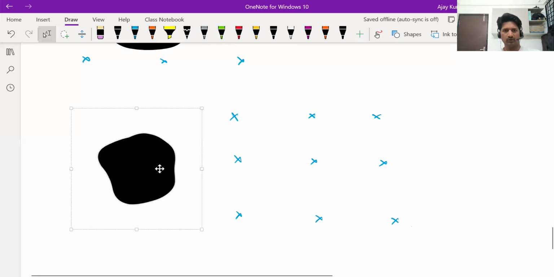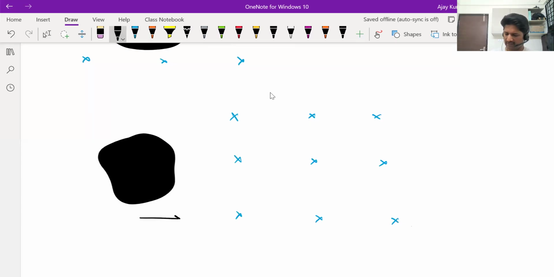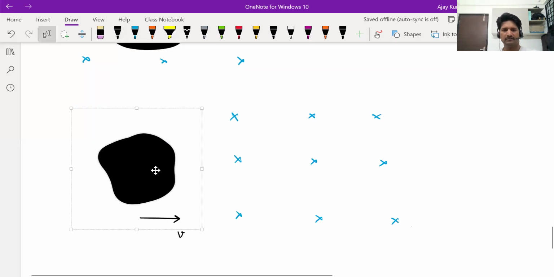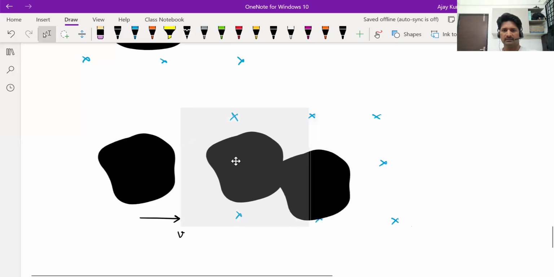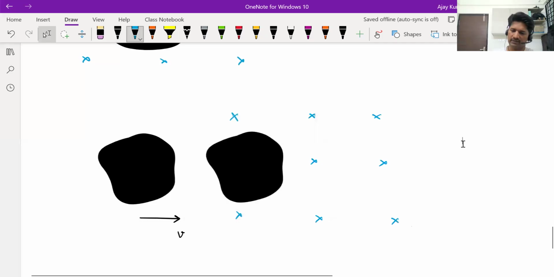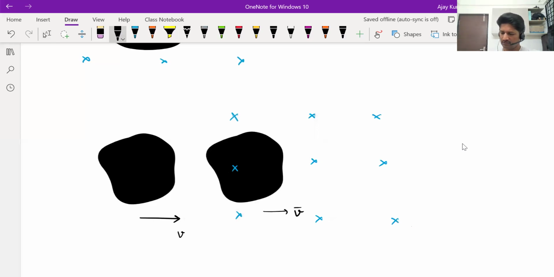This plate is initially out of the magnetic field. When it is out of the magnetic field, there's no flux, there is no motional EMF, nothing. Make this plate move through the magnetic field now. As it enters the magnetic field, clearly it's a case of a conductor moving inside a magnetic field. Velocity is to the right, magnetic field is inward, then V cross B will be upward.